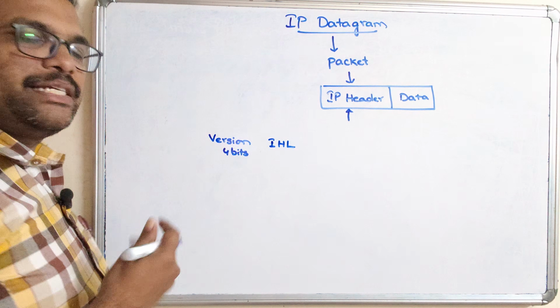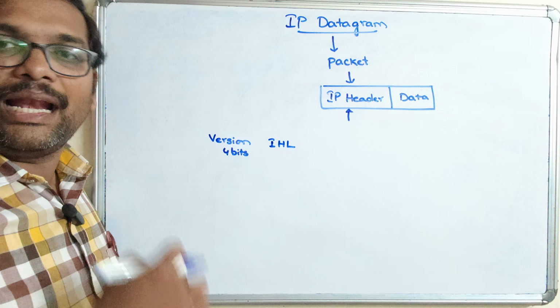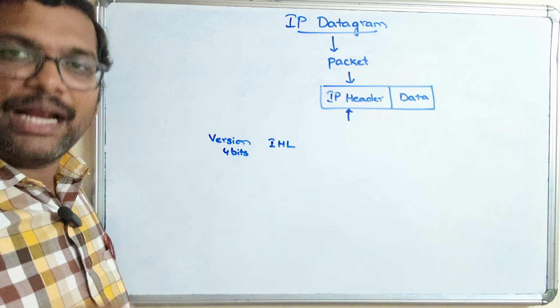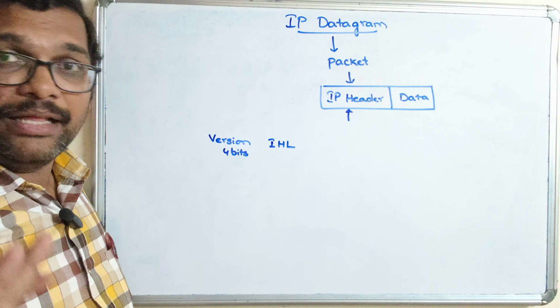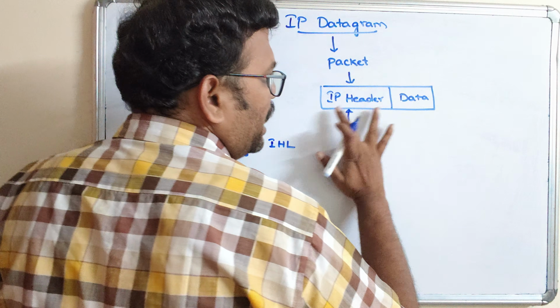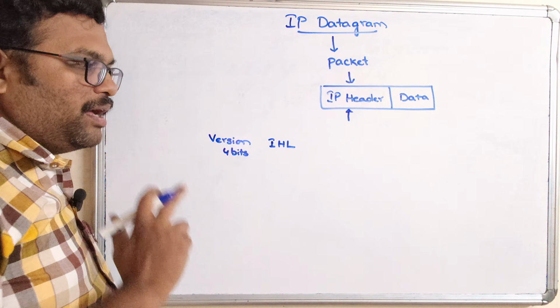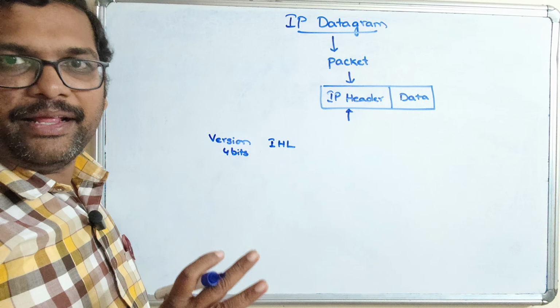And the next one, IHL. IHL stands for internet header length. It will give only the header length, not the packet length. Packet length means both the header as well as data, but here IHL means only the header length.